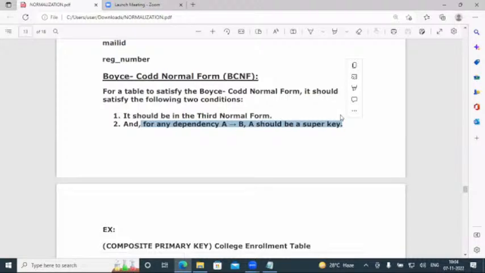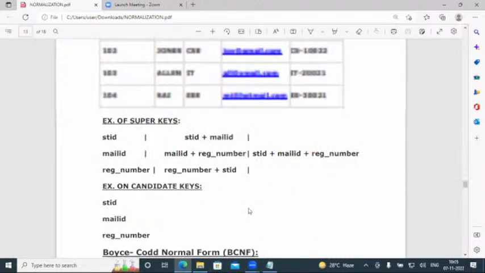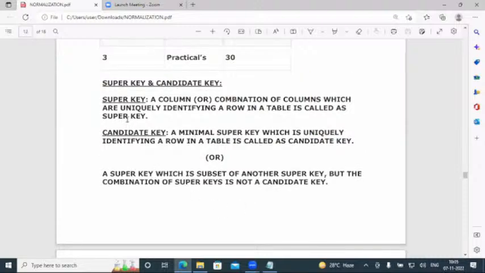Understand now? Here a new concept has come. What is the new concept? What is a super key? First, read the definition, all of you. What is a super key?